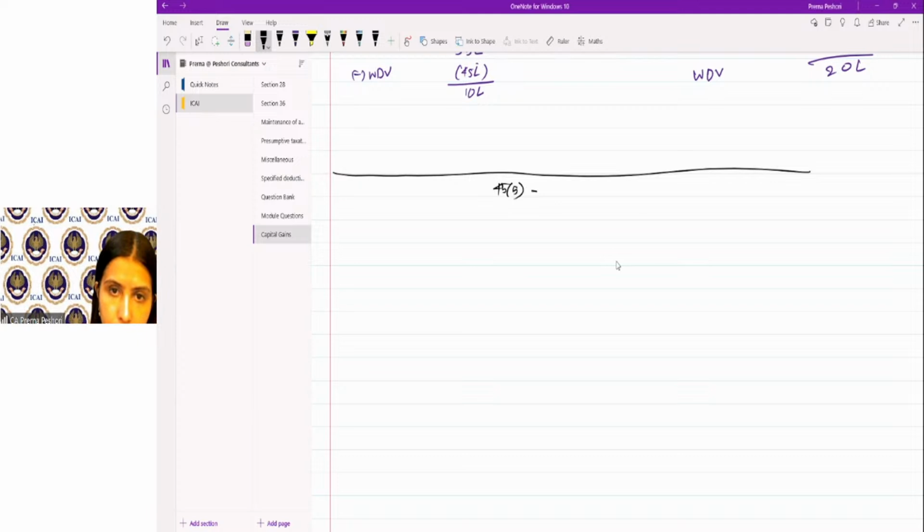So capital gain on transfer by way of compulsory acquisition of asset. Right?